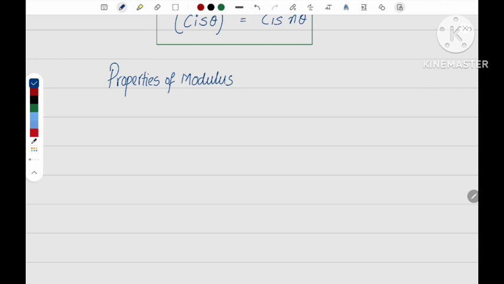I have basically stated De Moivre's theorem before telling you properties of modulus, because I am going to use that De Moivre's theorem in most of the places now, and you will realize it is very easy. So let us see properties of modulus.